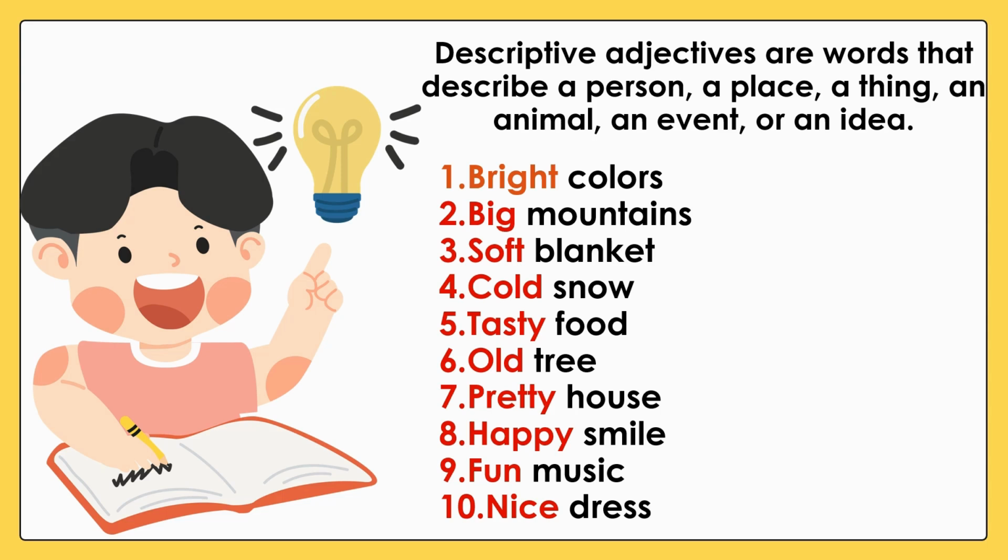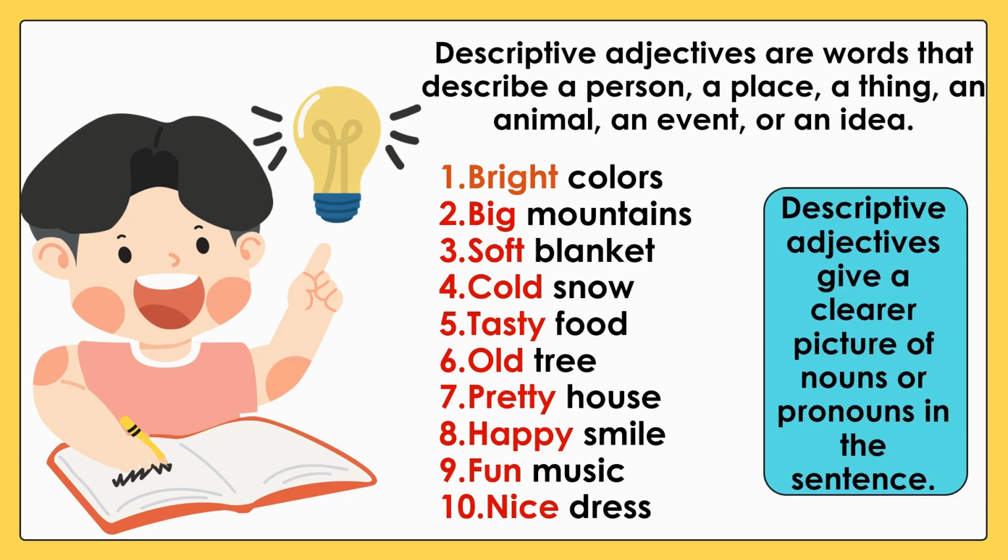Number 4, tasty food. Number 5, old tree. Number 6, pretty house. Number 7, happy smile. Number 8, fun music. And number 9, nice dress. Remember, descriptive adjectives give a clearer picture of nouns or pronouns in the sentence.